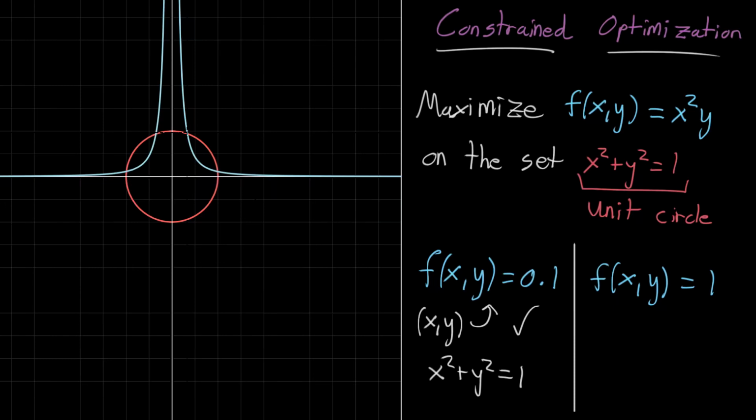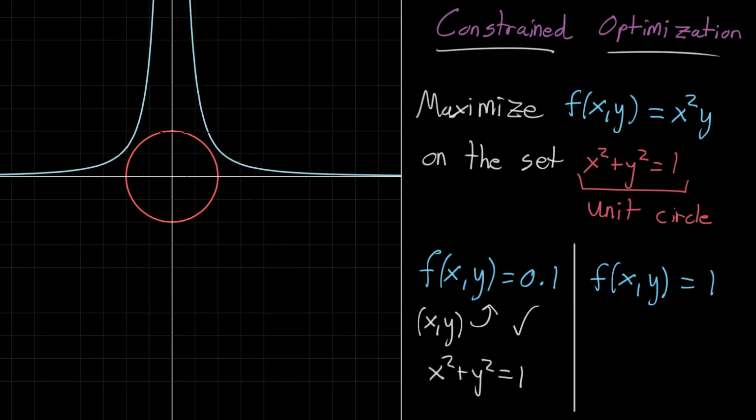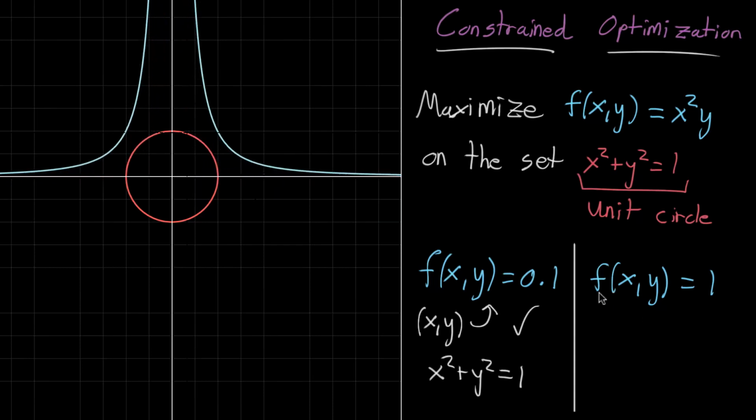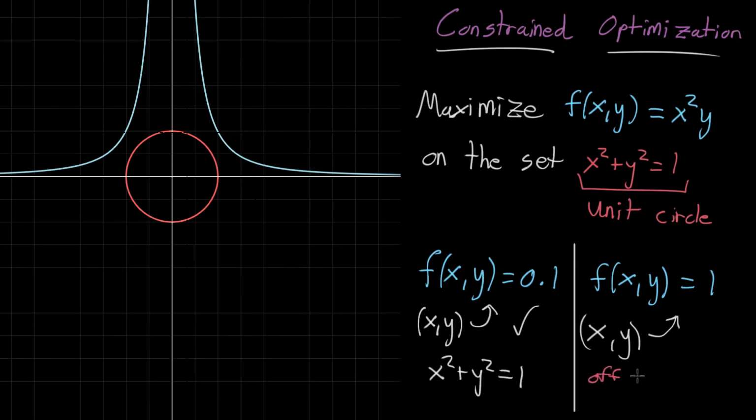On the other hand, if we shift up to the line f(x,y) = 1, this never intersects with the constraint. What that means is that the pairs of numbers x, y that satisfy this are off the circle x² + y² = 1.